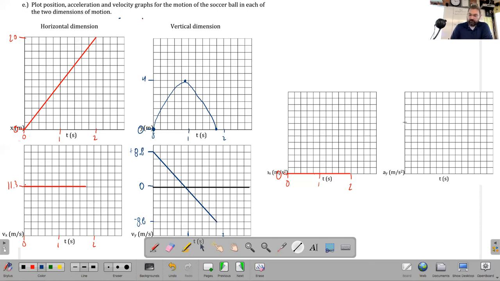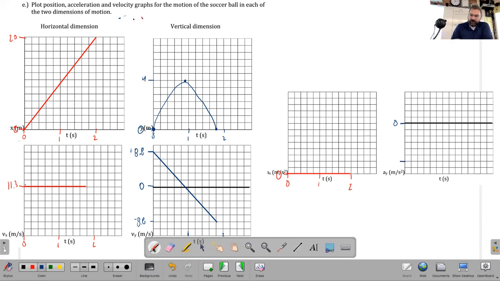The acceleration for the entire motion of the projectile is negative 9.8 meters per second squared. So here I'm going to put a line on the graph indicating a value of 0, and it doesn't really matter where.